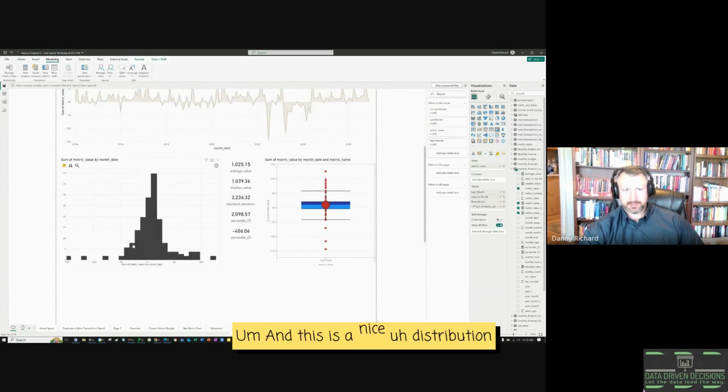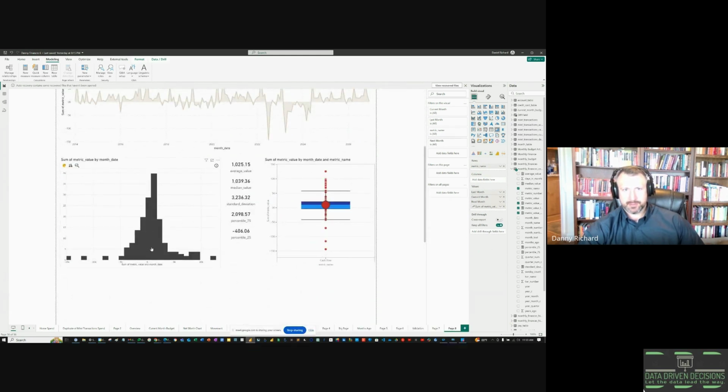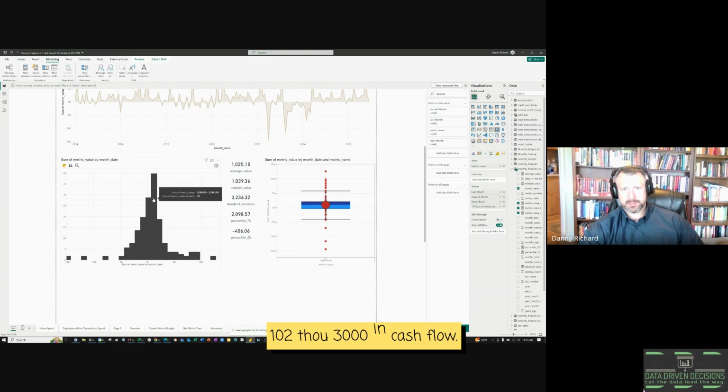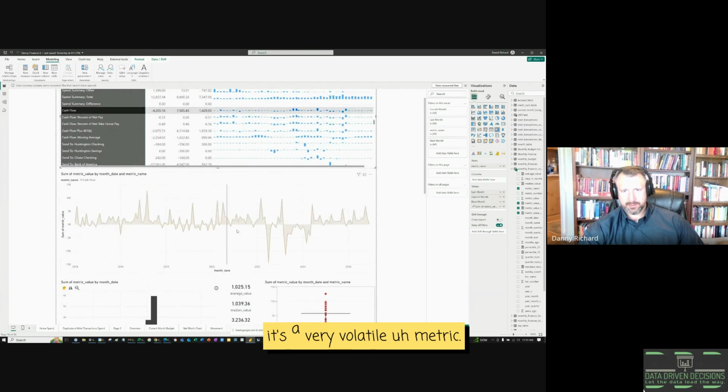And this is a nice distribution of the cash flow. Most of the time I'm making between 1,000 and 2,000 in cash flow, but sometimes I'm way over, sometimes I'm way under. It's a very volatile metric.